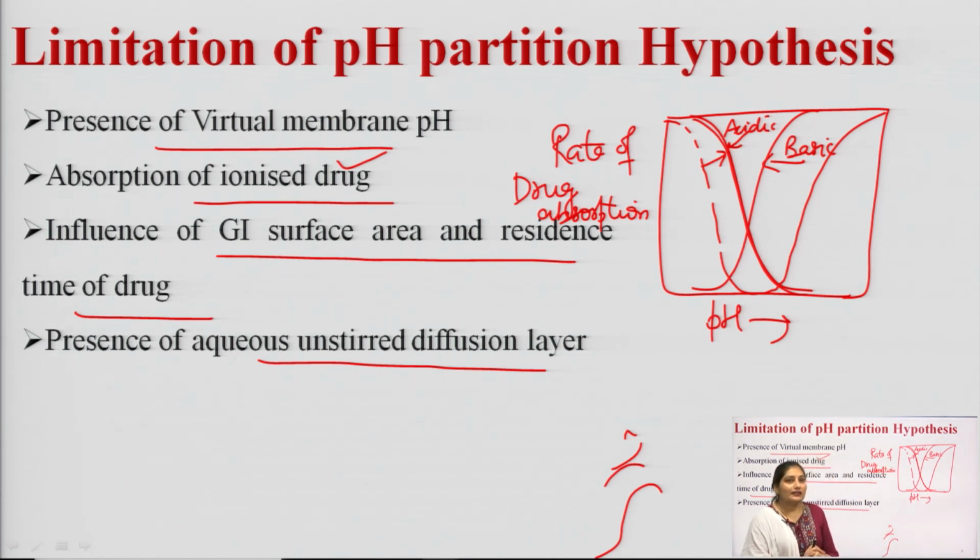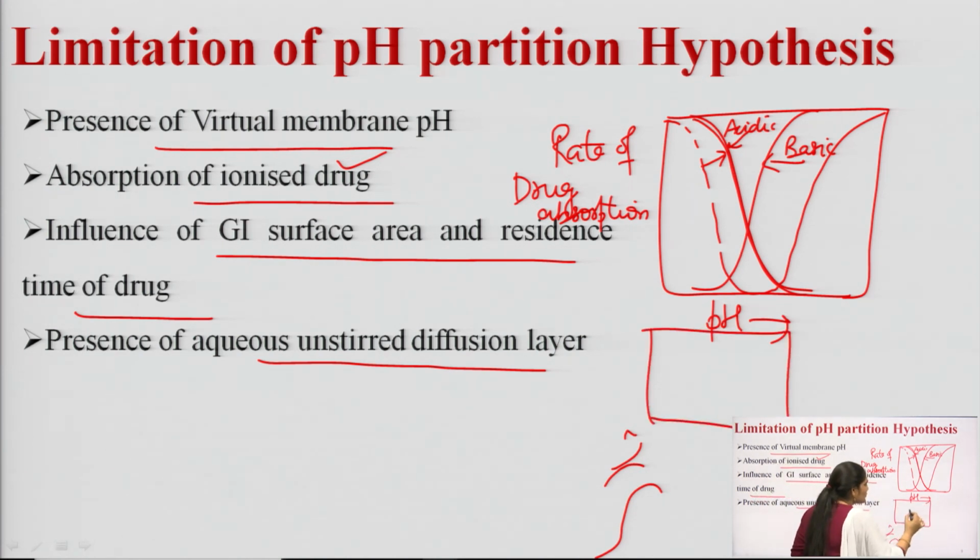The third limitation is the influence of GI surface area and the residence time of the drug. The surface area of the gastrointestinal tract also has an impact on the drug absorption. And last is the presence of aqueous unstirred diffusion layer, meaning when the drug has to transport across the biological membrane, it has to be partitioned across it.